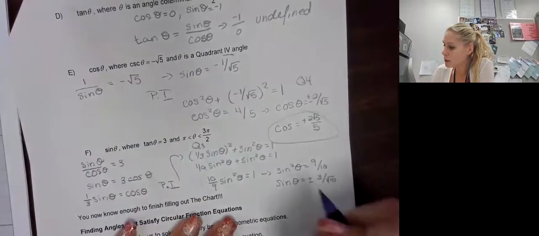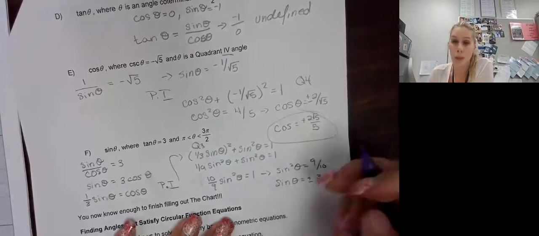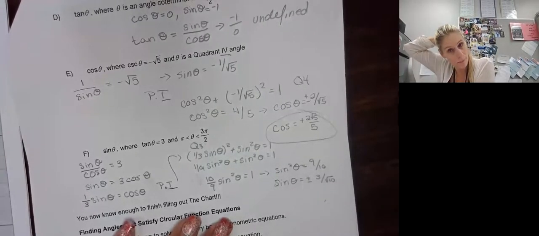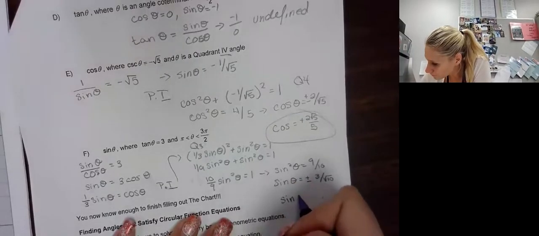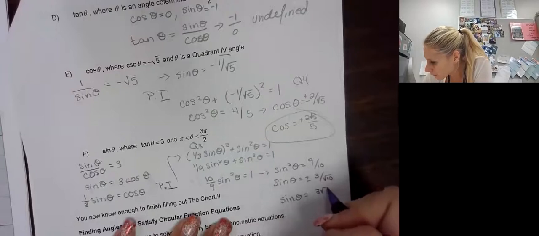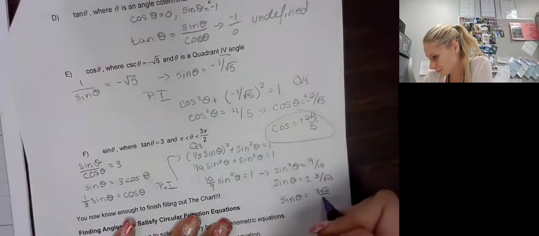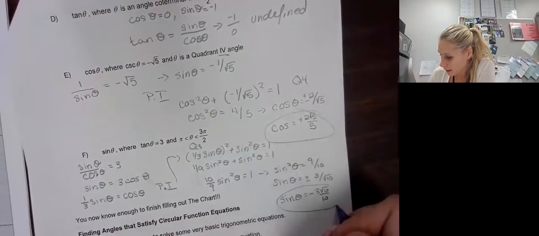Now I'm going to rationalize this and pick positive or negative by what quadrant it is. So sine theta equals, we get 3 square root of 10 over 10. And sine in the third quadrant is negative. So there is our answer.